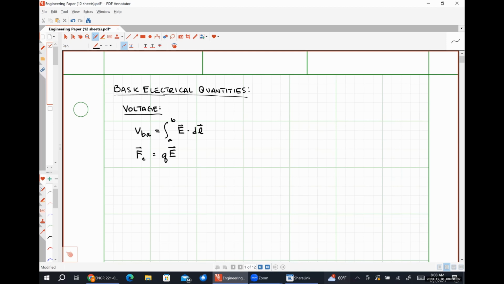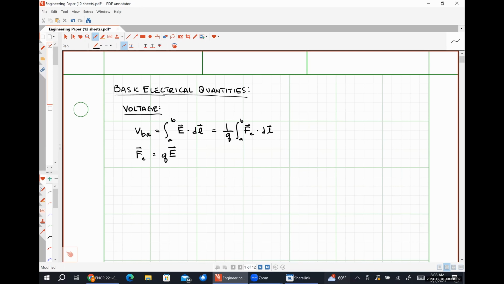So what I'm going to do is I'm going to substitute this electrostatic force relationship into my voltage relationship. And what that's going to give me is 1 over charge times the integral from A to B of our electrostatic force dotted into our differential line element DL.